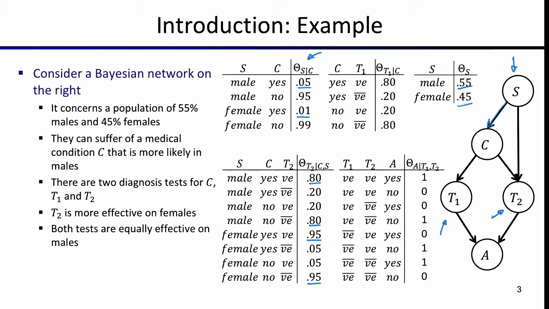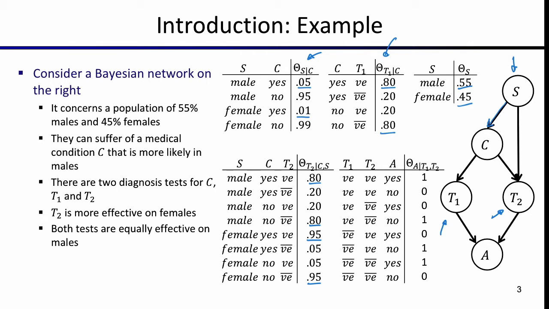The test T2 is equally effective for males and females. So we can see that the variable S is not in this conditional probability table, and we have 8% for true positives and 8% for true negatives.